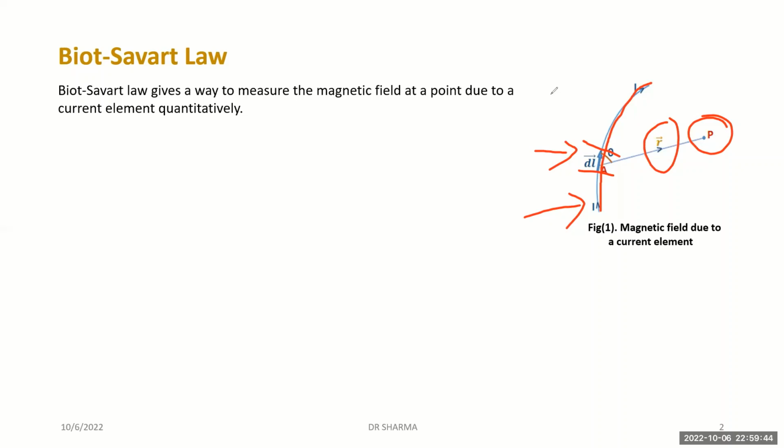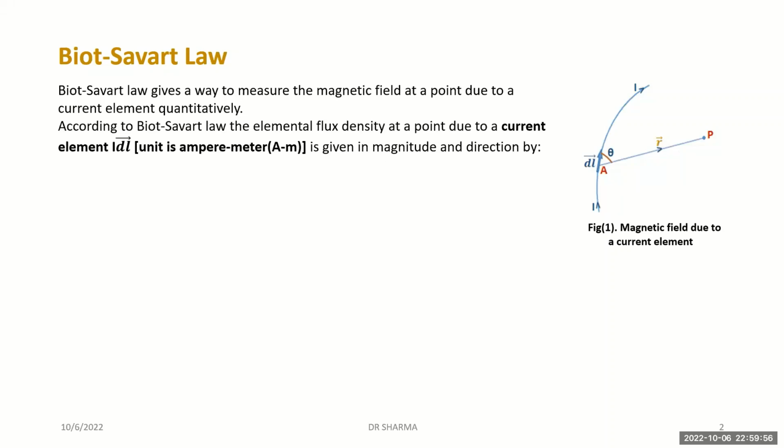The elemental flux density at any point due to that current element is given in magnitude and direction by, given in magnitude and direction means in vector form.